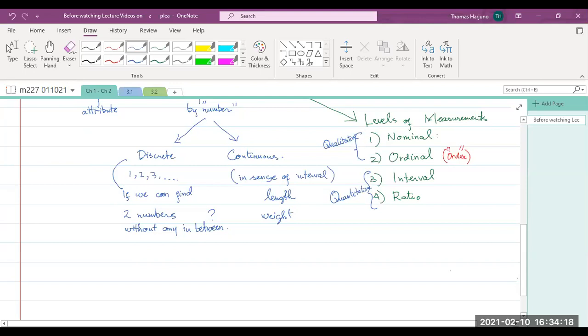Always numbers. Now, it is possible that ordinal also has numbers. In fact, I see one case where nominal measurement is actually made of numbers, for example, zip code. Zip code is actually nominal.